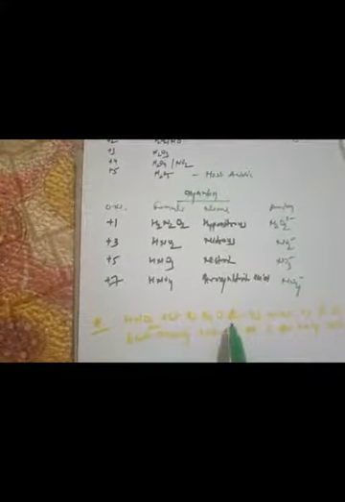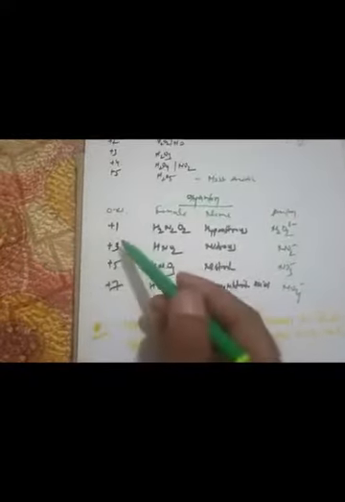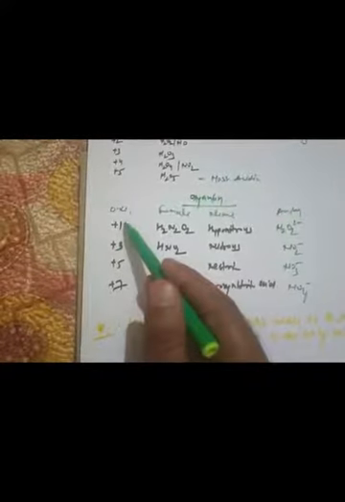HNO2 is in the +3 oxidation state, so it can decrease its oxidation state to +1, or it can increase it to +5, which is very near.